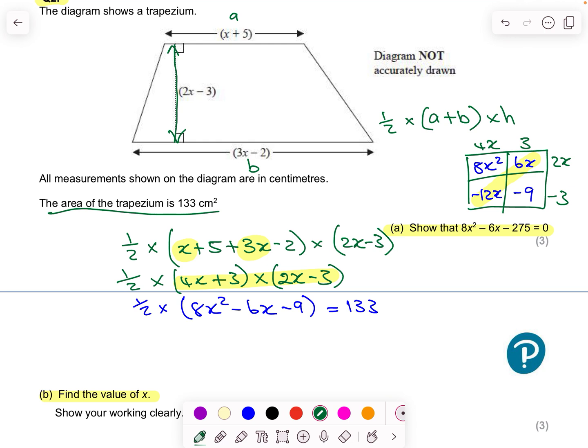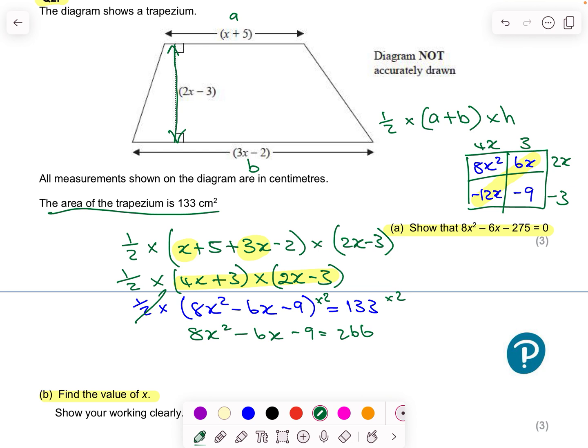So times by 2 here just gets rid of that. Times by 2. And so now I have the equation that 8x squared minus 6x minus 9 equals 266.